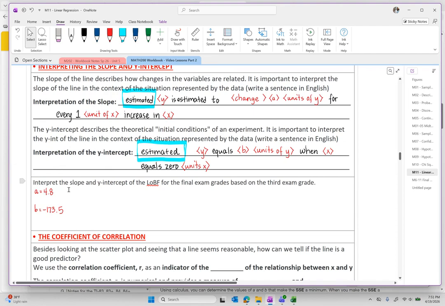Or in better English, we are estimating that the final exam grade of a student who has an additional extra point in the third exam as a grade will increase by 4.8 points. The final exam grade, right? Or the anticipated or the estimated final exam grade.